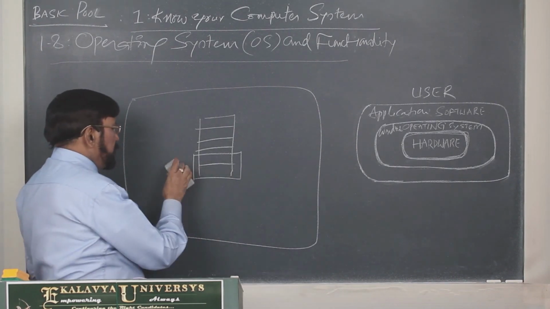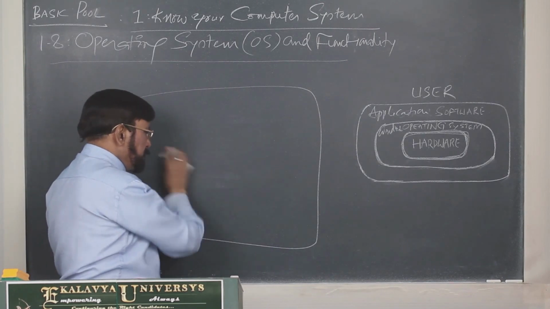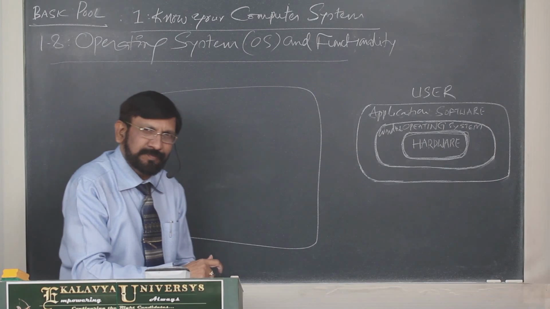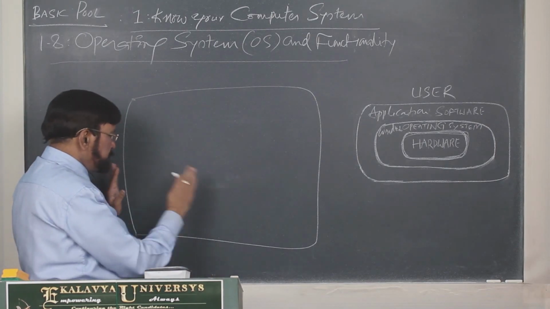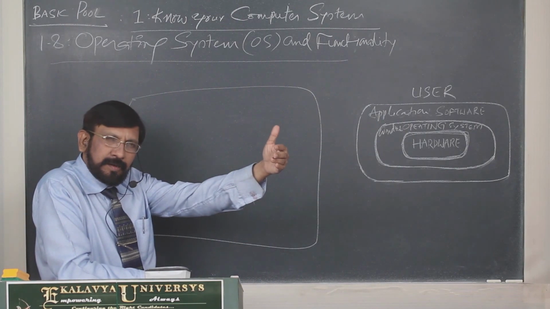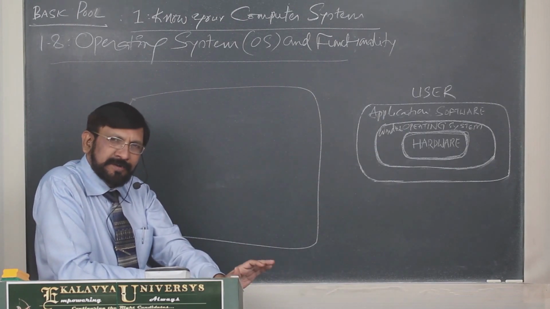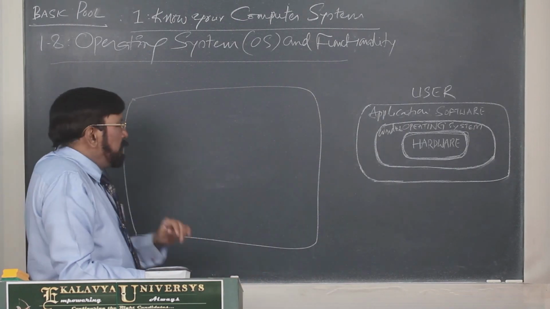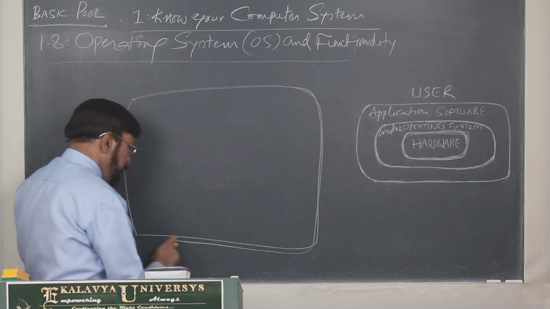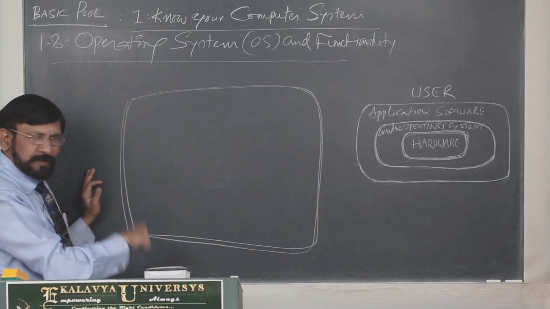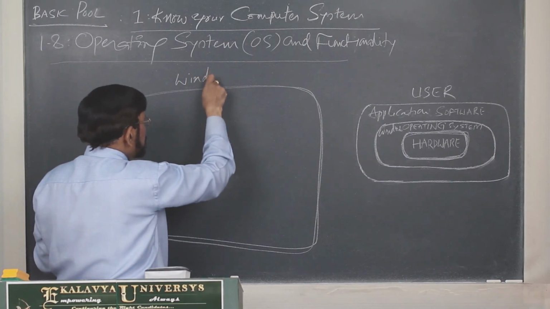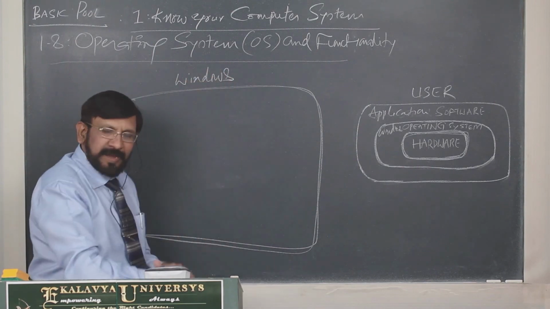In order to explain this concept more pragmatically, I give you a wonderful example with reference to Microsoft Windows operating system. Now you see, Microsoft Corporation developed a layout, and this layout they named as Windows.